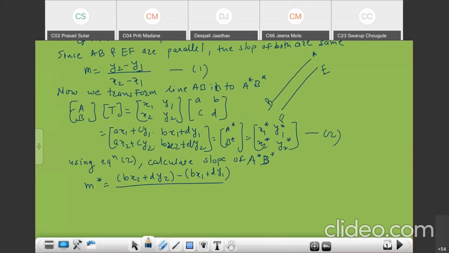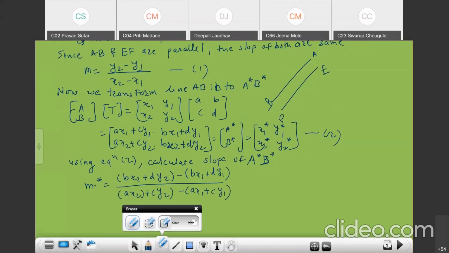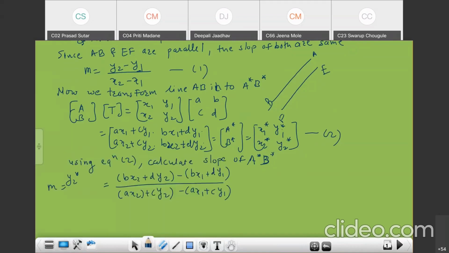What is x2 star? a x2 + c y2, minus a x1 + c y1. Again, the equation: M star is equal to y2 star minus y1 star divided by x2 star minus x1 star.